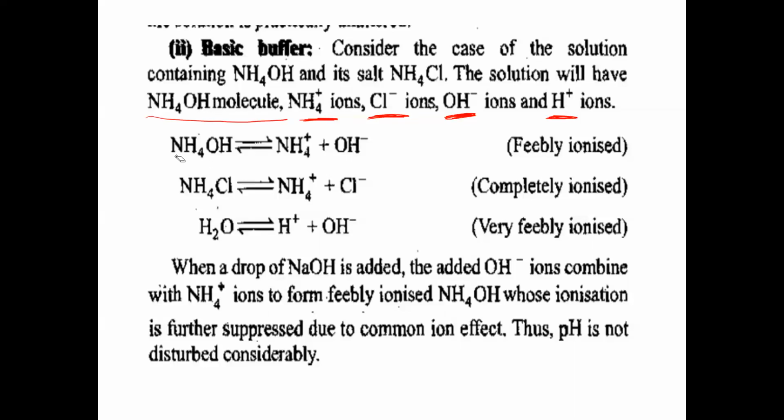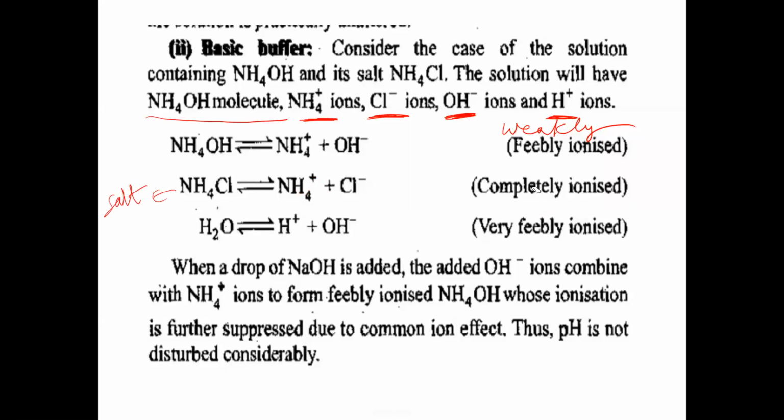So first, the weak base is feebly ionized, meaning very weakly ionized. So here NH4OH dissociates into NH4 plus and OH minus. The salt is a strong electrolyte, so it will dissociate completely into NH4 plus and Cl minus.